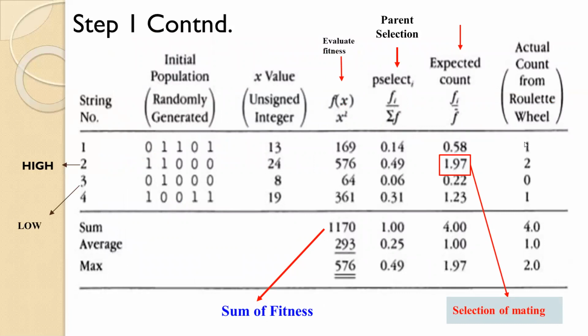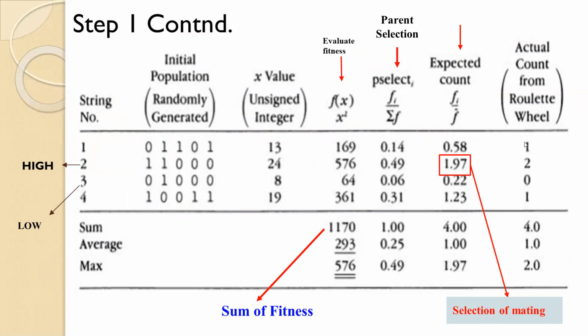For string number 1 I selected 13, string number 2 24, string number 3 8, string number 4 19. So this third column represents the unsigned integer x values 13, 24, 8, 19.